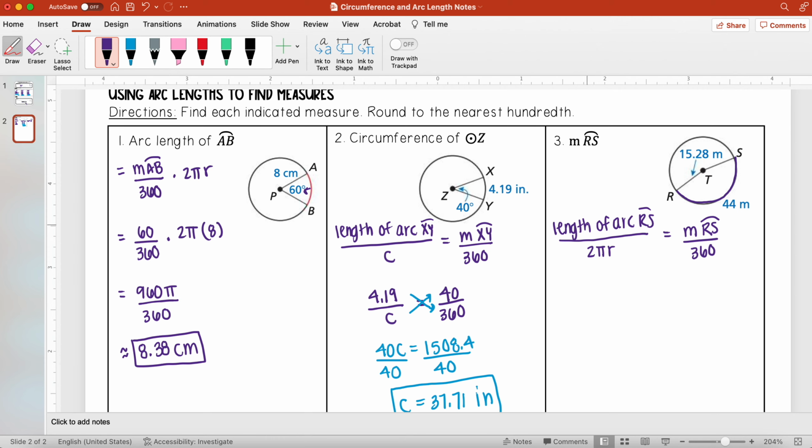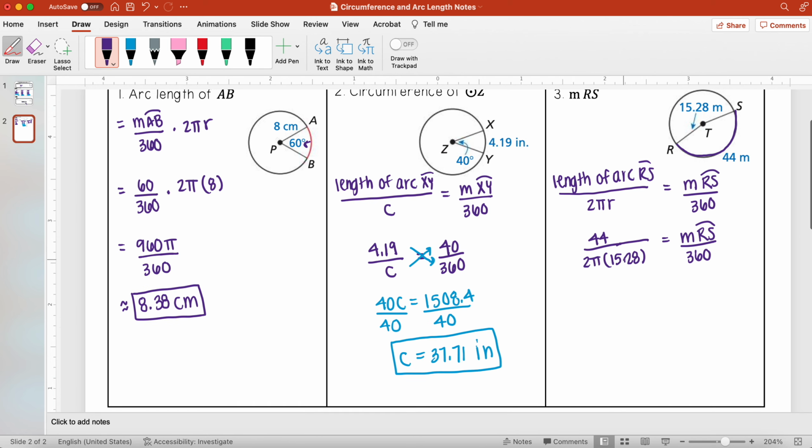Now I'm going to plug in what I know. I know that the length of RS I see here is 44 meters, so I have 44 over 2 times pi times r, which is 15.28. It's equal to the measure of arc RS, I don't know that, that's what I'm trying to find, over 360. From here I'm going to cross multiply.